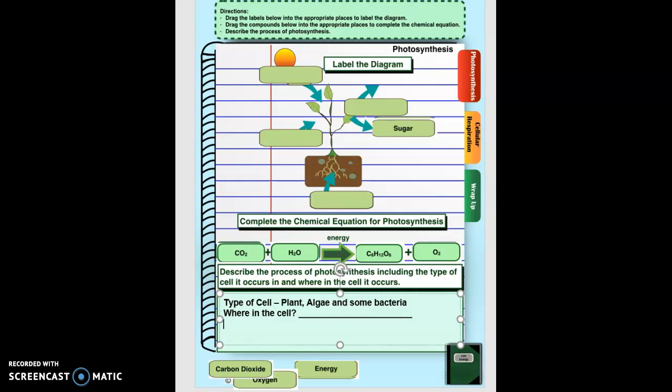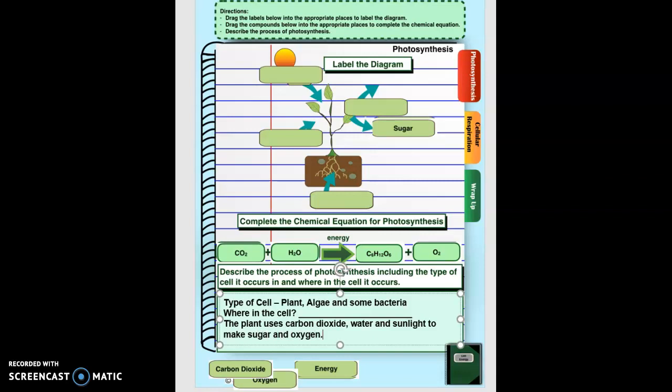All right, and then what exactly goes on? The plant uses carbon dioxide, water, and sunlight to make sugar and oxygen.